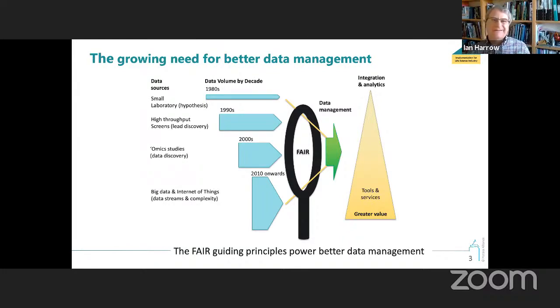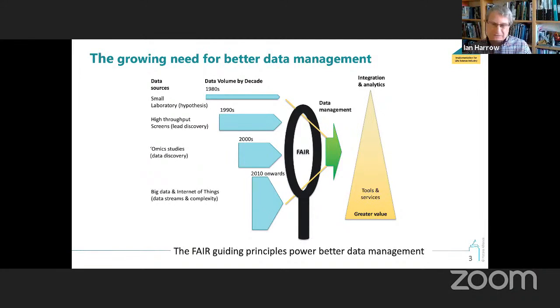You're typically looking for new leads, the hit to lead part of research in the R&D pipeline. And then in the 2000s, omics studies came to the fore because the human genome was sequenced, and we moved into the big data era where you are looking to discover new science through data mining, basically.